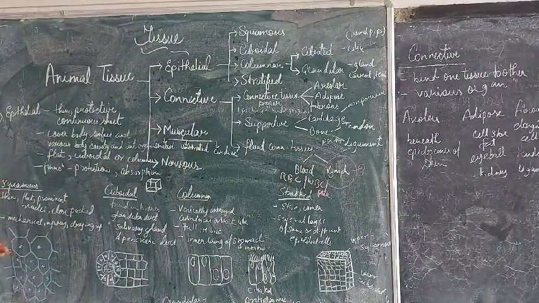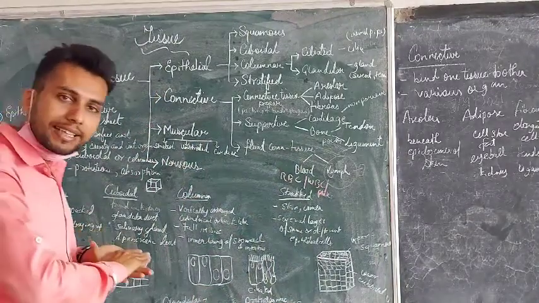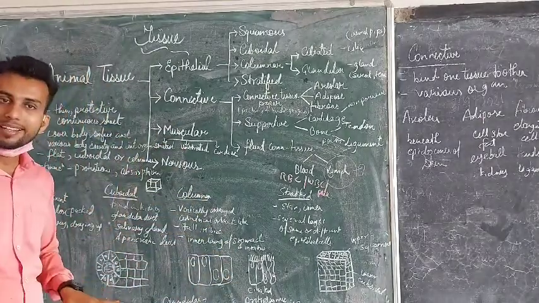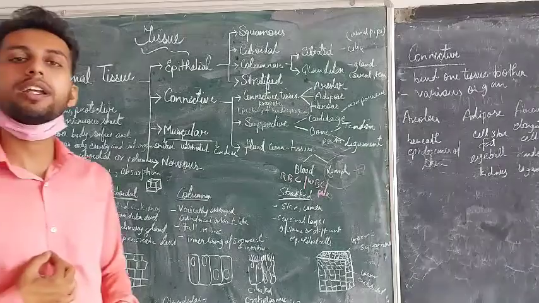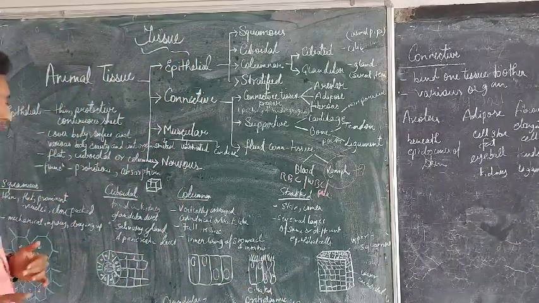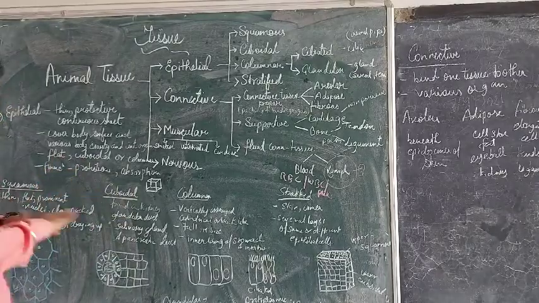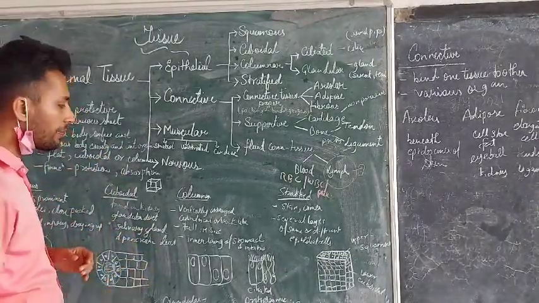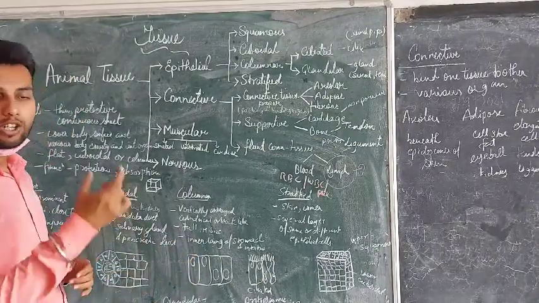They cover the body surface, either from the external environment, like our skin, or from the internal environment, meaning our internal organs are also covered by epithelial cells. What are their shapes? They may be flat, meaning flattened, cuboidal, meaning cube shaped, or columnar, meaning elongated lining.